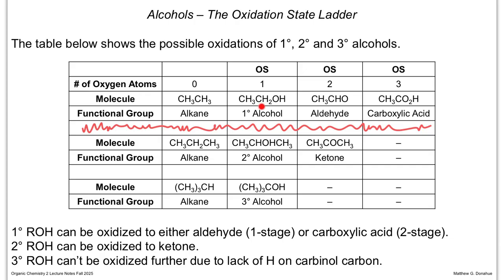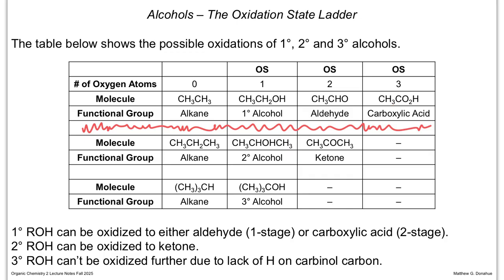One set of conditions will oxidize that further to an aldehyde. See how this has 2 H's? So an H from carbon and an H from oxygen formally get eliminated. That forms the carbonyl. The aldehyde still has an H, so it can be further eliminated and we can get to a carboxylic acid. So now we're at oxidation state 3.